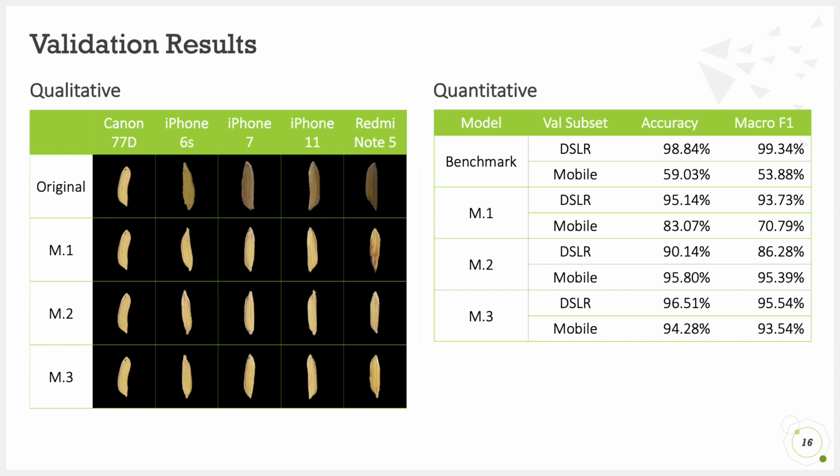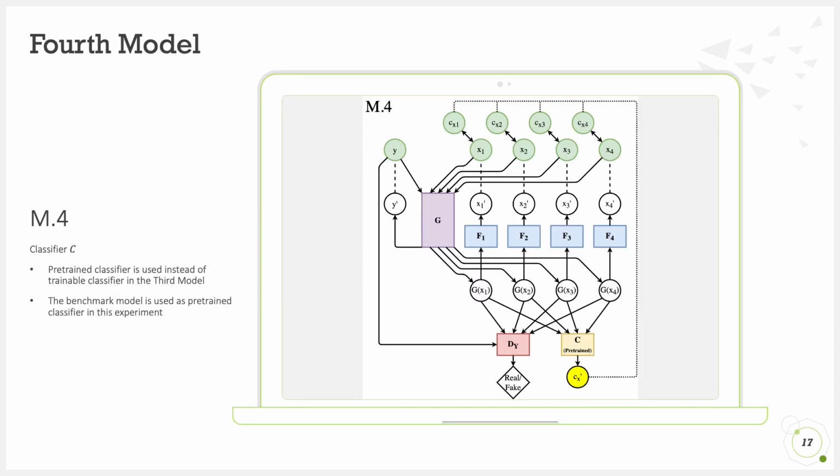Moreover, the performance on the mobile validation set is only a little bit lower than the second model. Although the third model seems to be good enough, we want to do some more experiments by replacing the classifier in the third model with the pre-trained classifier model, which is our benchmark, in the architecture.